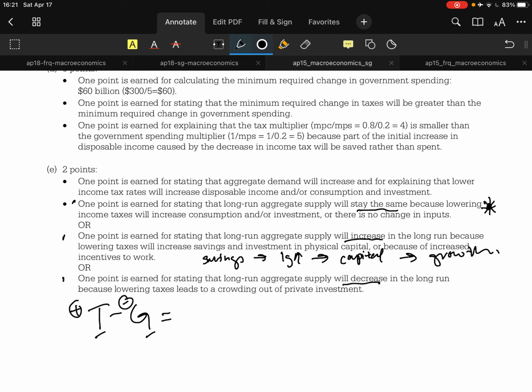So if we lower taxes and keep government spending the same, we're likely to experience a deficit, which means the demand for loanable funds will shift to the right, causing an increase in the real interest rate. If you recall, the crowding out effect causes investment to be less than it otherwise would be because money is now more expensive to borrow. So there's an argument there for LRAS decreasing in the long run.